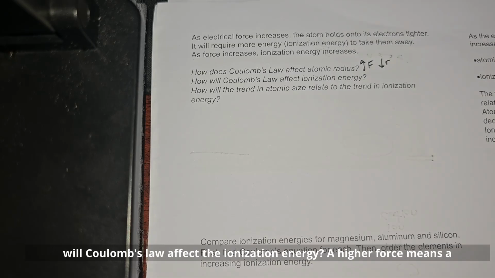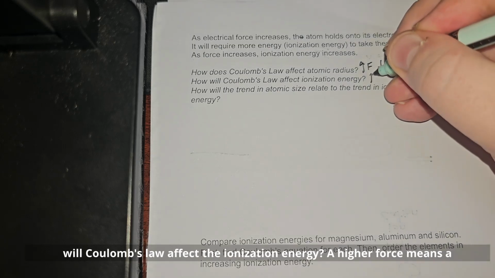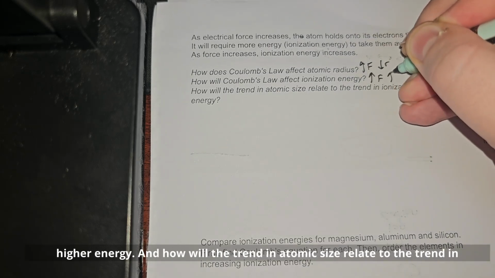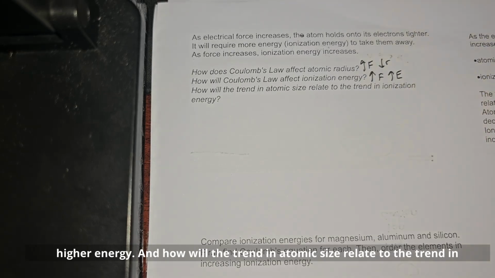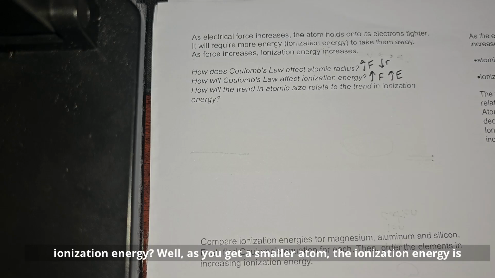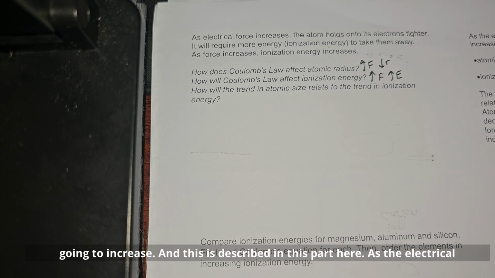How will Coulomb's law affect the ionization energy? A higher force means a higher energy. And how will the trend in atomic size relate to the trend in ionization energy? Well, as you get a smaller atom, the ionization energy is going to increase.